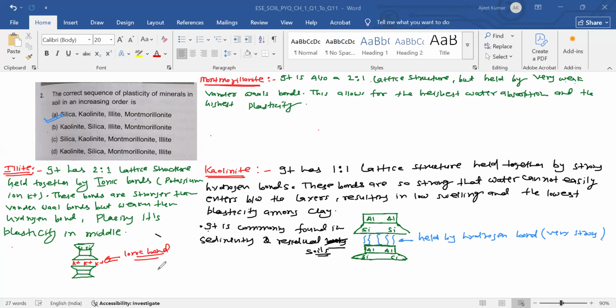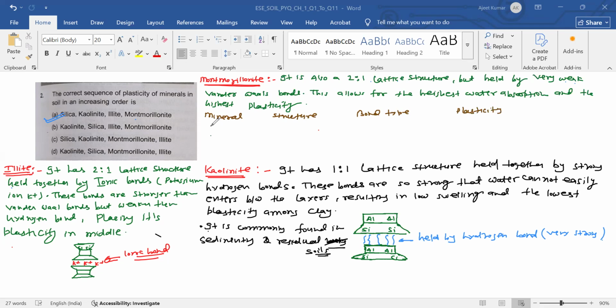Always remember this chart: mineral, structure, bond type, and plasticity.